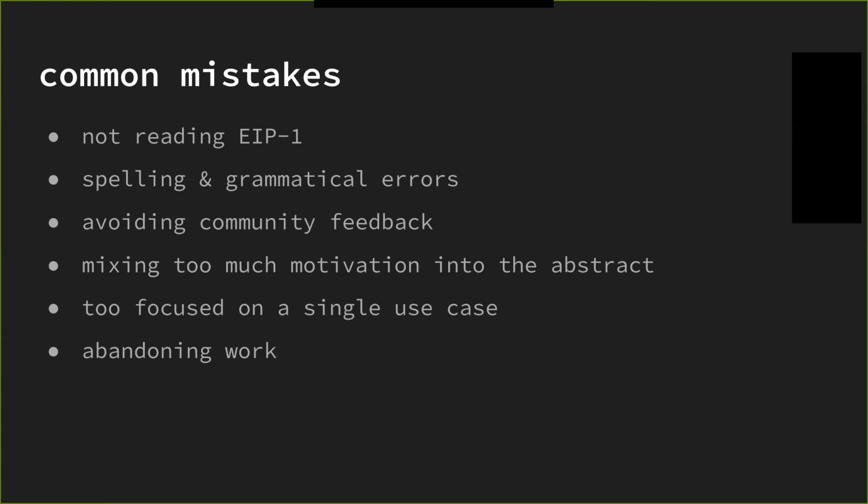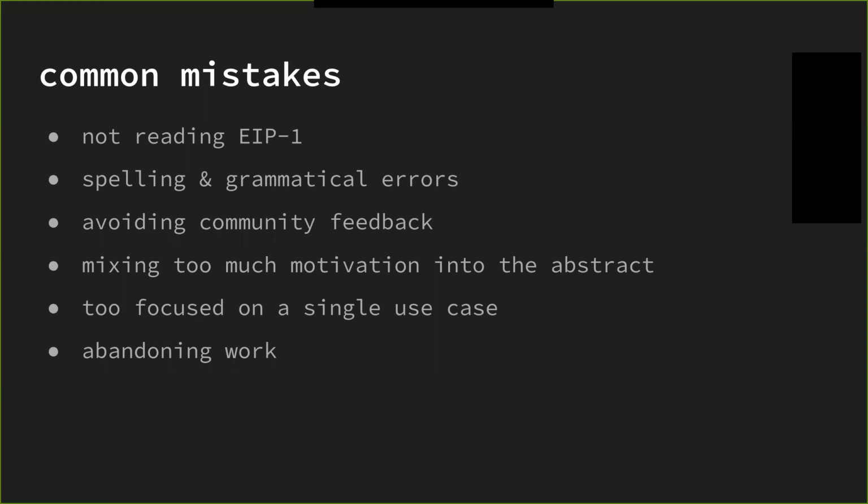I also see a lot of spelling and grammatical errors, and we have tools in the repository to help alleviate this sort of stuff. But I think that these errors just come from not respecting the process as much. I think it's too easy to write an EIP, and because of how easy it is and because of the lack of respect for the process, people just write out something and not give it a second look.